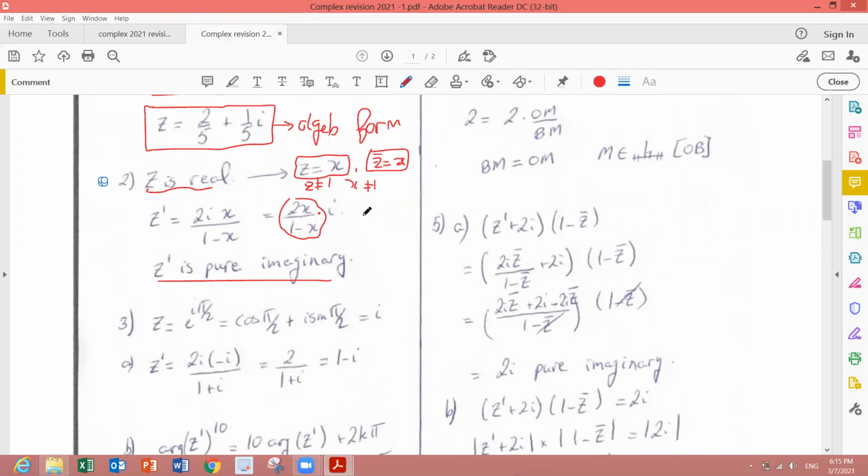Real part of Z prime equals 0. It means that Z prime is pure imaginary.